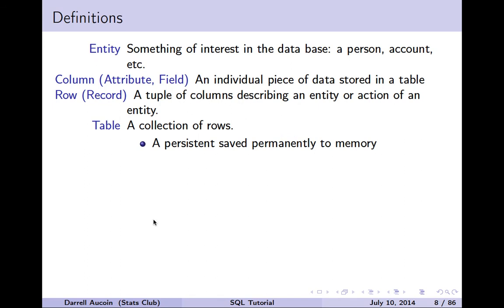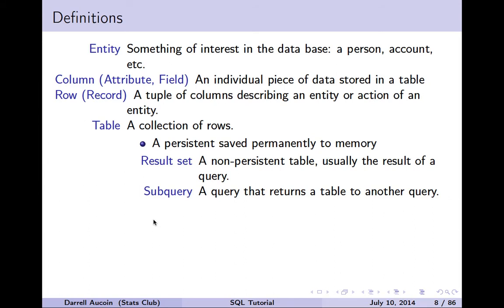There's persistent saved data, tables saved to your hard drive, in the database. But a table is generically referred to as various different collections of stuff. It's referred to as a result set, which is a non-persistent table taken back from a query, like a select statement. A subquery is basically a query within a query, usually enclosed in brackets.